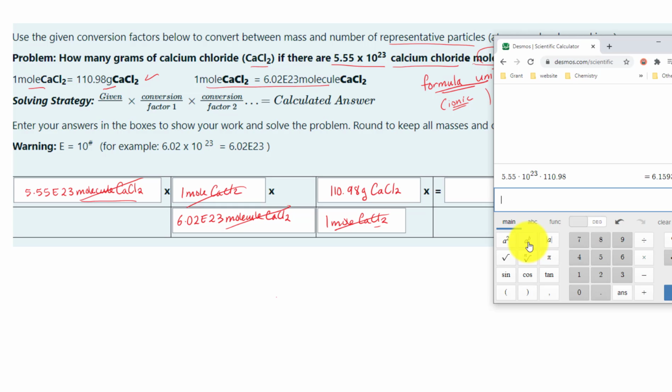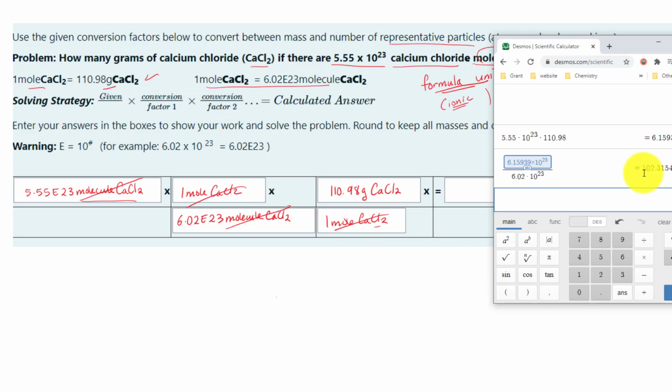Then we press enter. See that? Now we're going to take that answer and divide it by every single number on the bottom: 6.02 times 10 to the 23rd. There you go. We don't care about the 1, so we press enter.